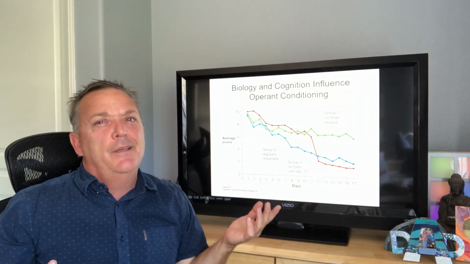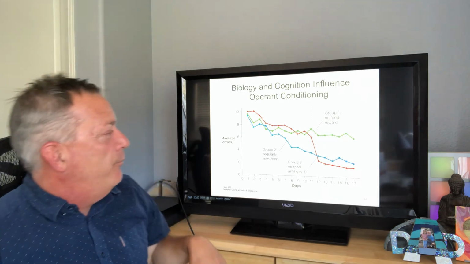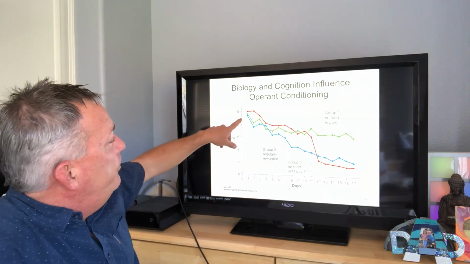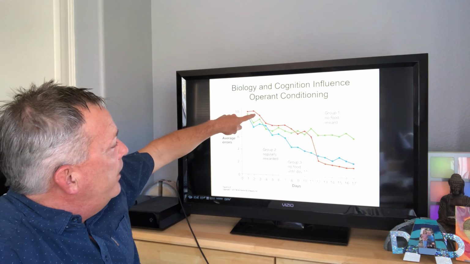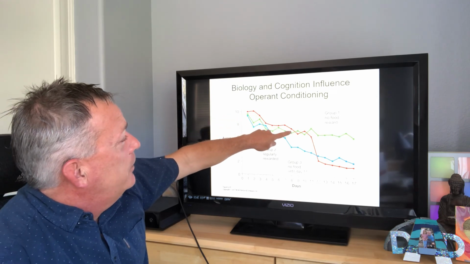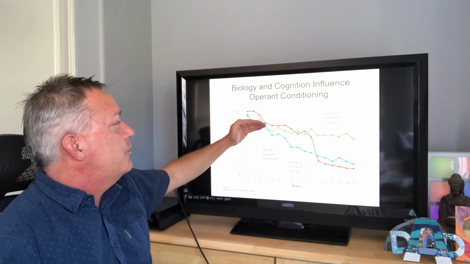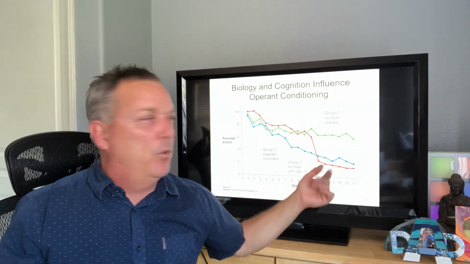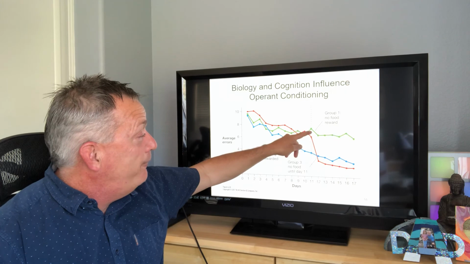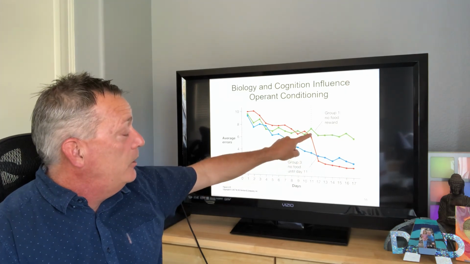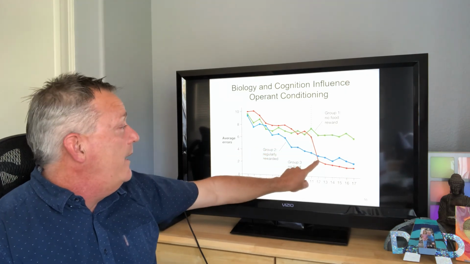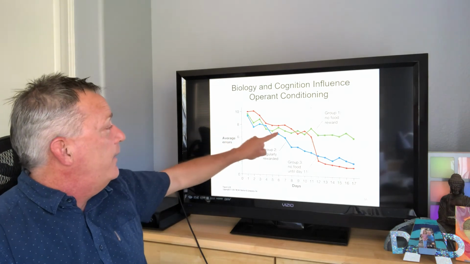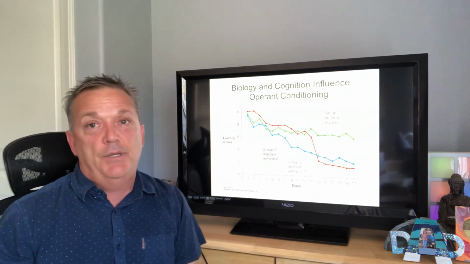So they're like, why am I going to perform? Group 3, the red one, ran along the same as group 1. They're like, no food, why should I perform? But then they started hooking them up with food at day 11. And look what happened. They made fewer errors than the group that was consistently hooked up with food.